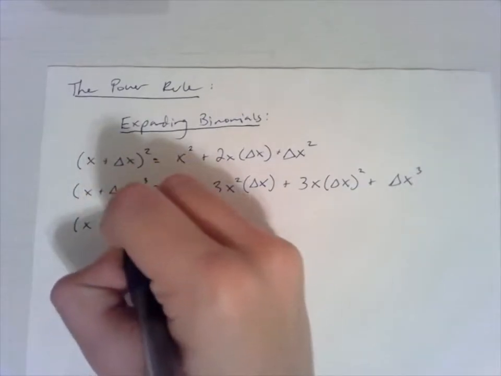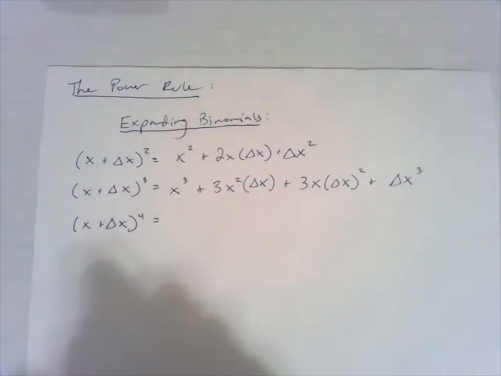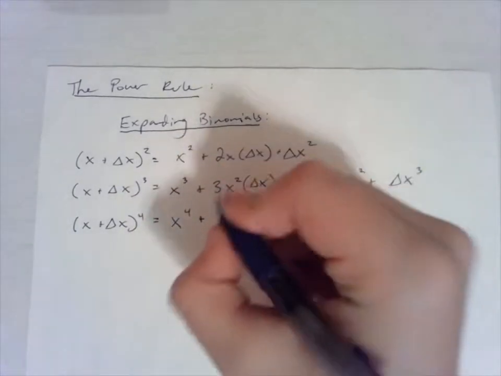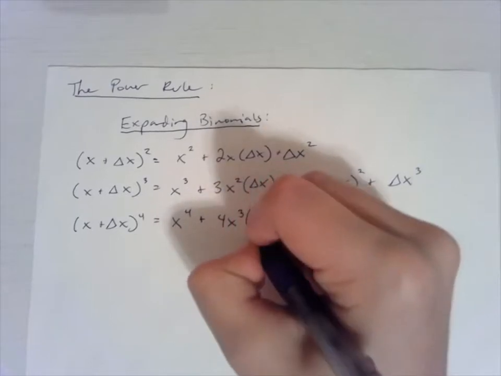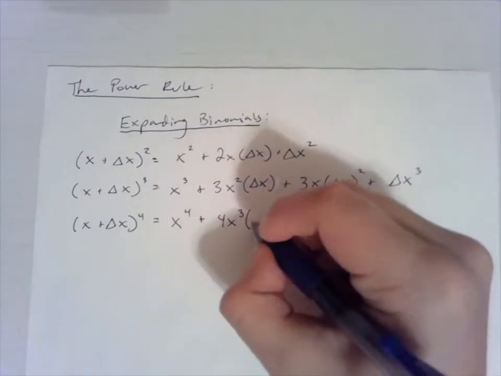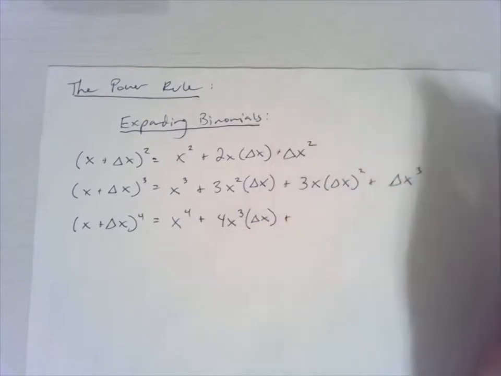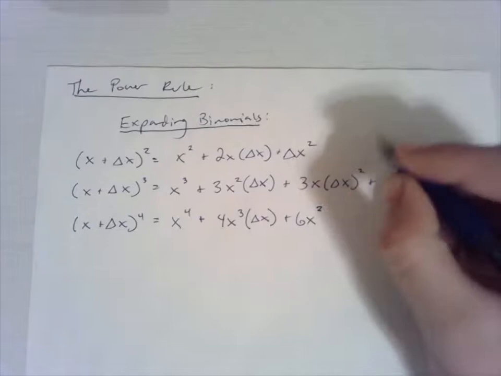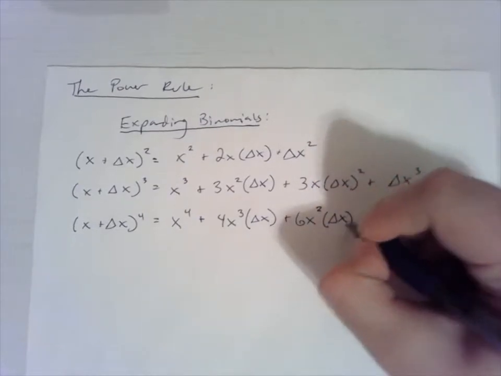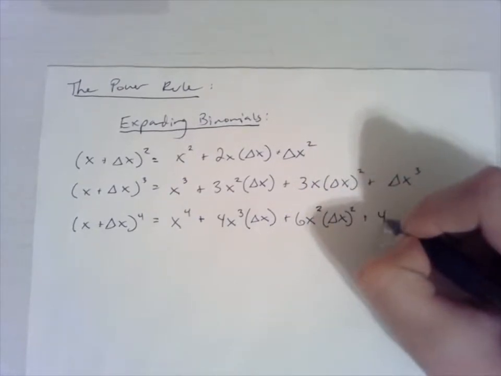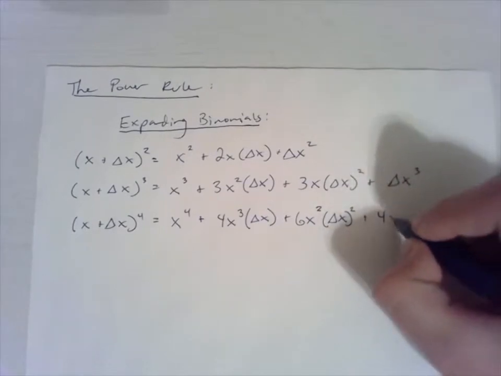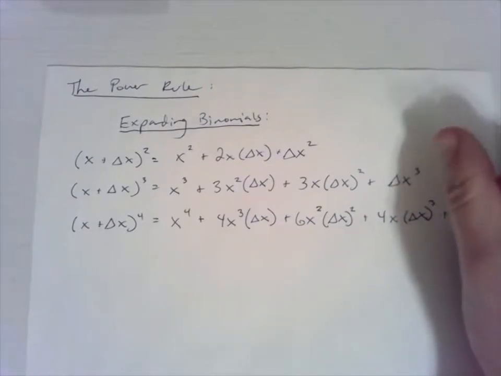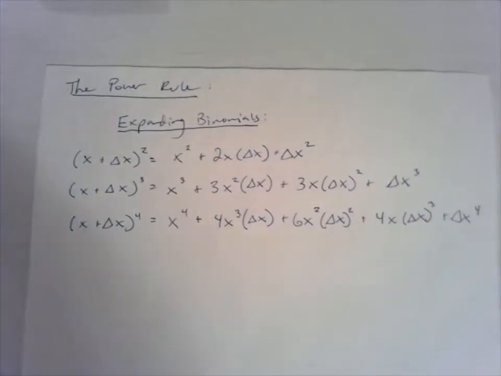If we had x plus change of x to the fourth, we could expand that out as x to the fourth plus 4x to the third times change of x plus 6x squared times change of x squared plus 4x times change of x cubed plus change of x to the fourth.